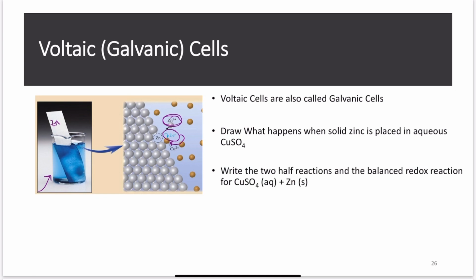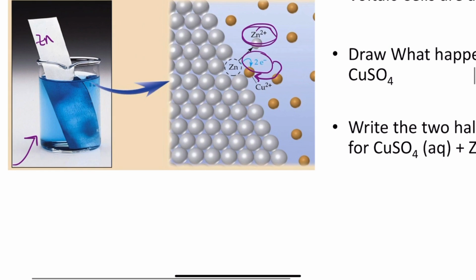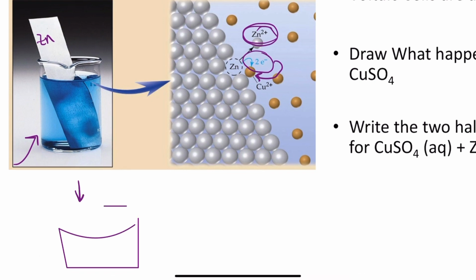If I let this happen over time in this beaker, I would still have my zinc strip, but it would be coated with copper.